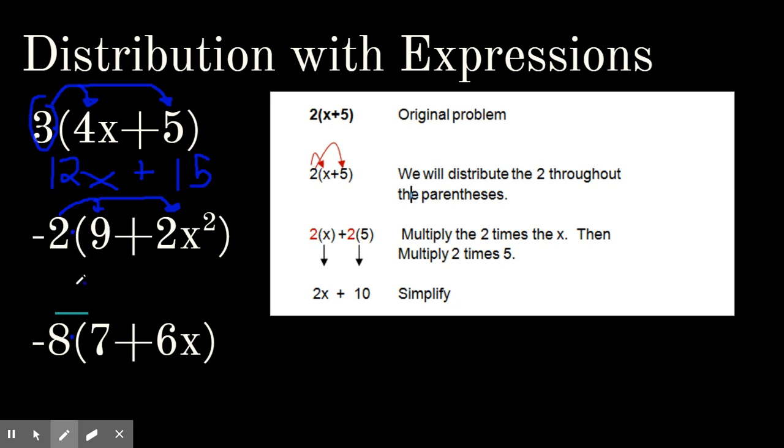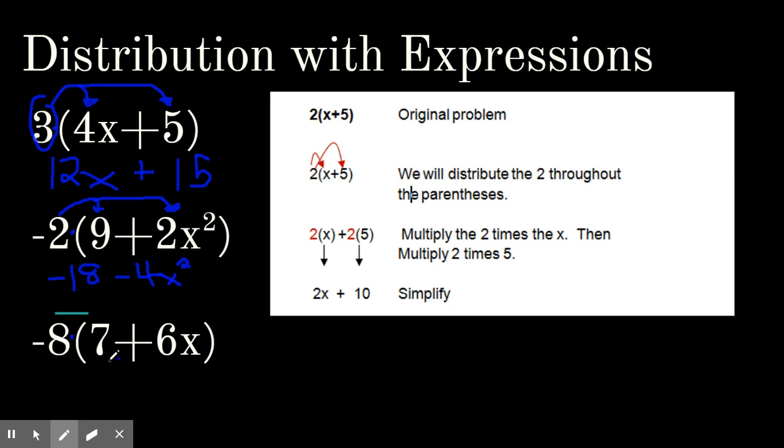So negative 2 times 9, a negative times a positive, is a negative 18. A negative 2 times a 2x squared is a minus 4x squared. Notice the x squared didn't change at all. Just like here, the x didn't change at all. We just multiply the coefficient, the number in front of the variable, by the 3.